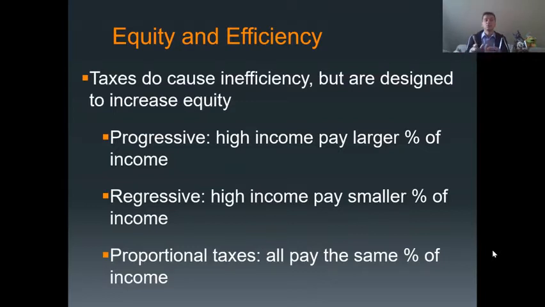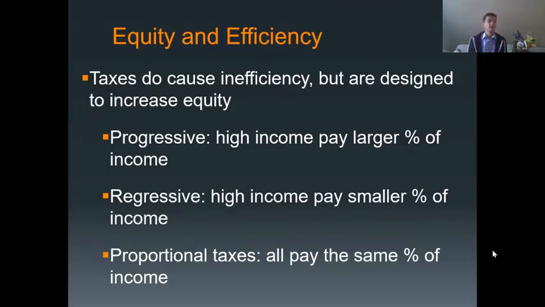Now, that can be either through targeted taxes to try to decrease a behavior that you don't want, such as cigarette smoking or something like that, or it can be to somewhat even the scales a bit, redistribute, if you will.